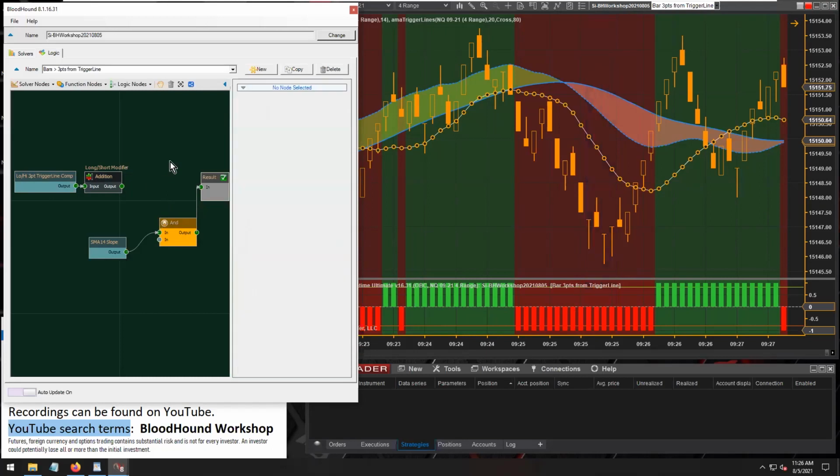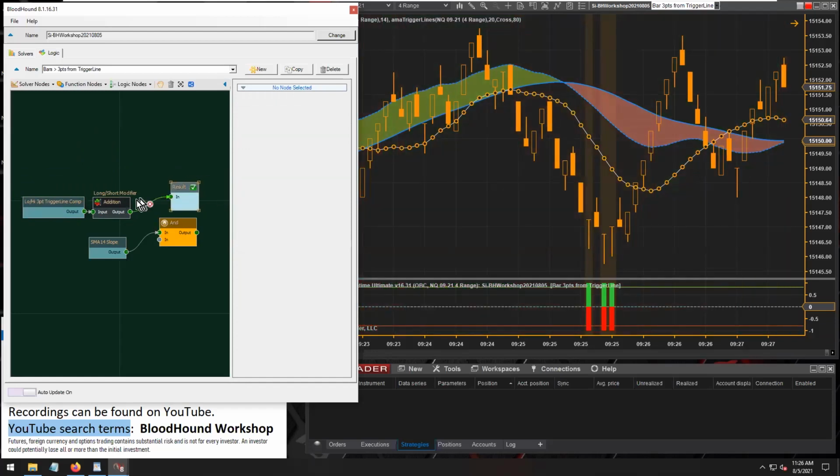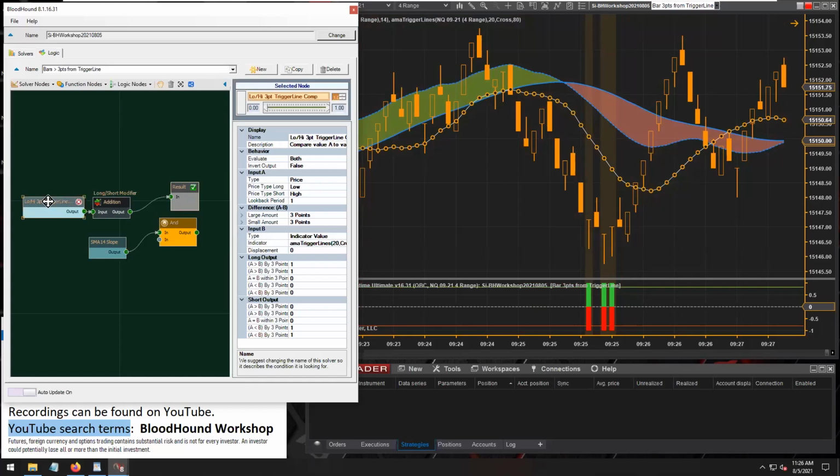But there's a more efficient way to do this. So let's connect up our separation logic here. And what I can do is go to the comparison solver and adjust the outputs.